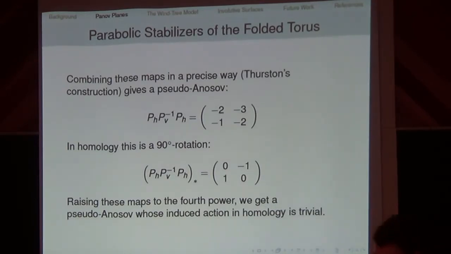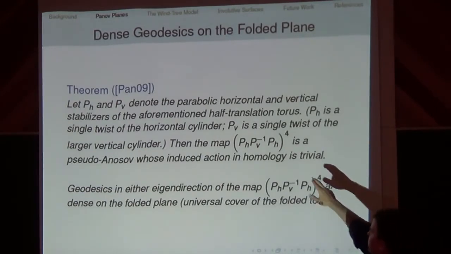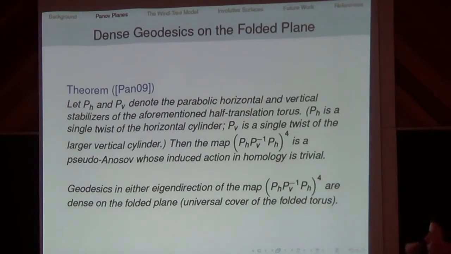And that 90-degree rotation, that sort of trivial thing in homology, is really important for proving this theorem of Panov's that if you look in the eigendirection of this pseudo-Anosov, then on the universal cover, on this half-translation plane, the geodesics are dense on the plane.